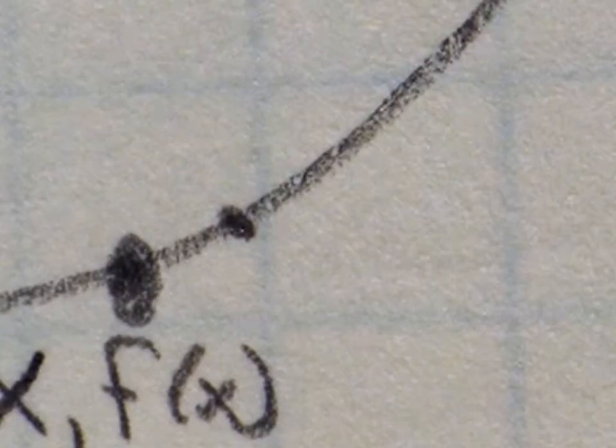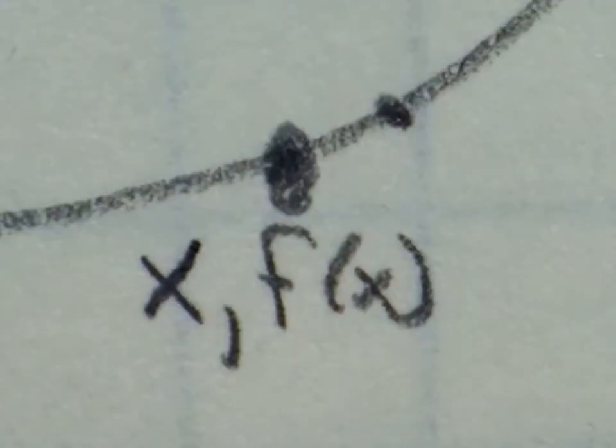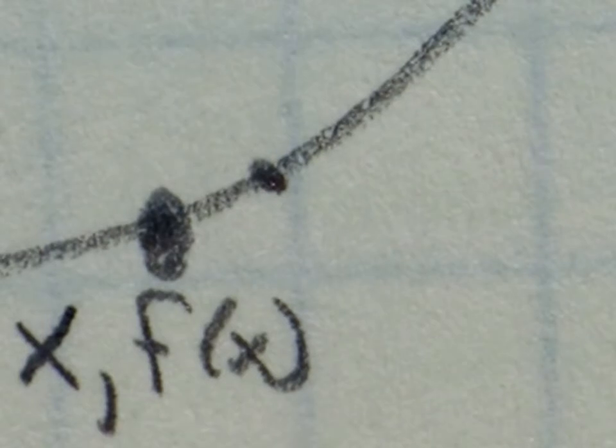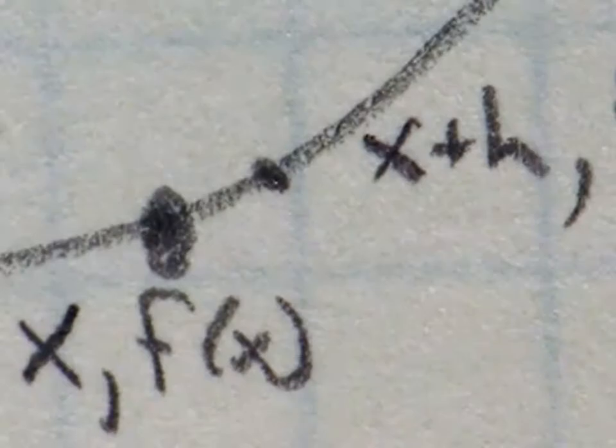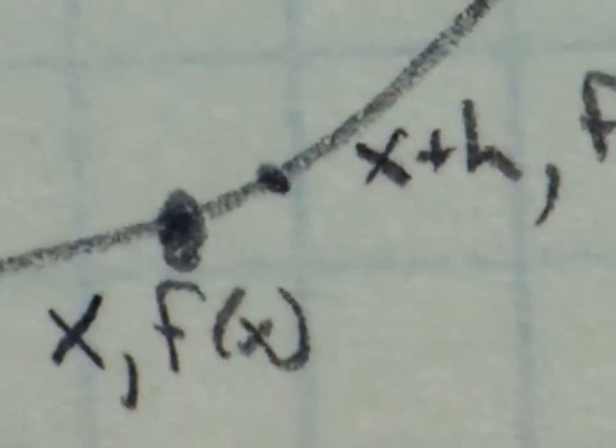I'm going to say I've got x and f of x, and then I zoom out just a little bit.